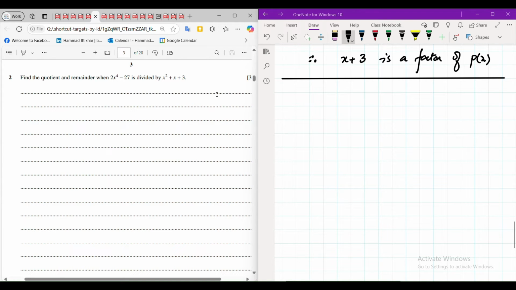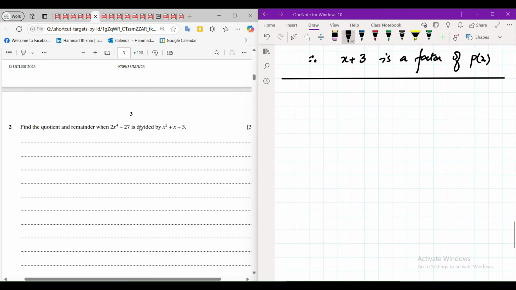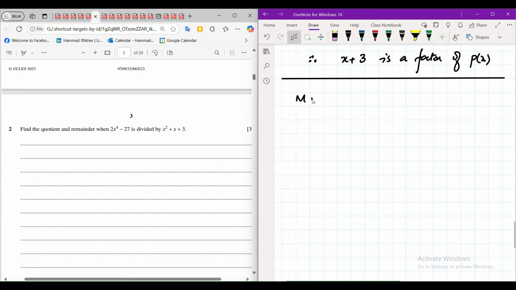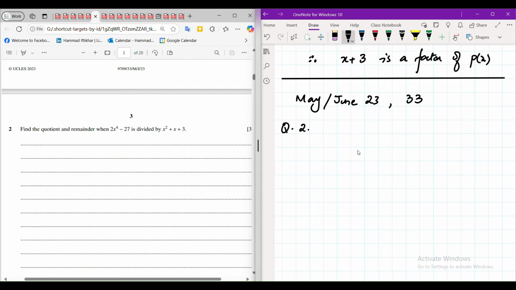Okay, so the next question is from the May-June session also, May-June 2023. The variant is 3, and the question is 2. Find the quotient and the remainder when 2x raised to power 4 minus 27 is divided by x squared plus x plus 3. So over here we have to do the long division.